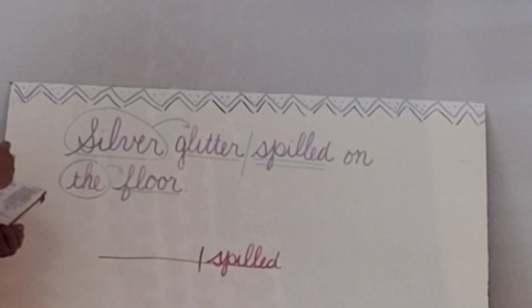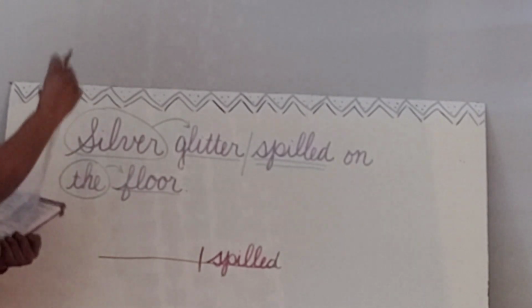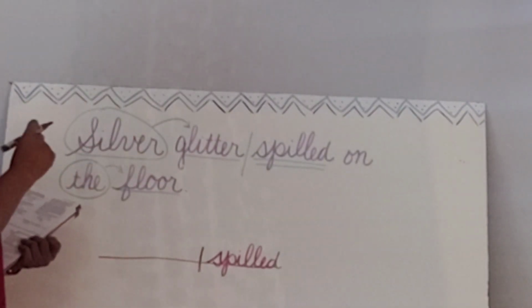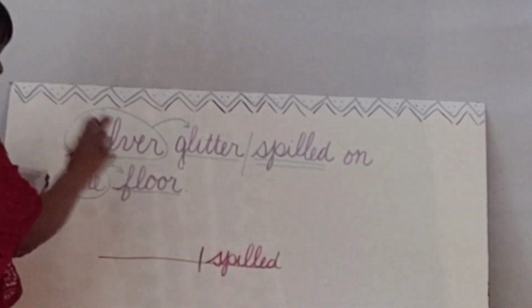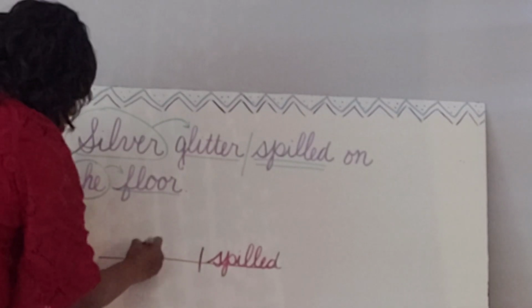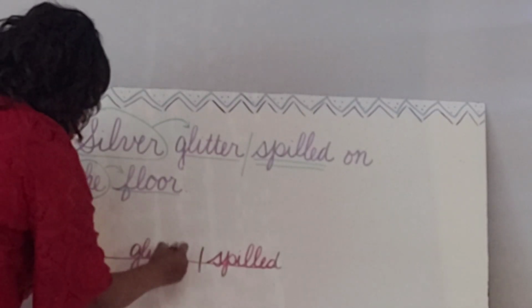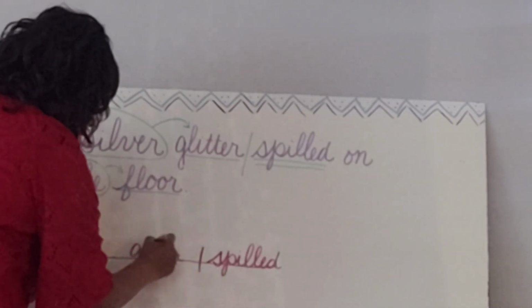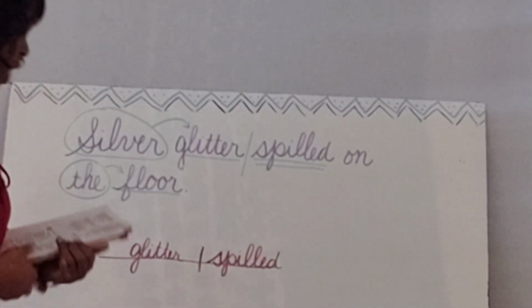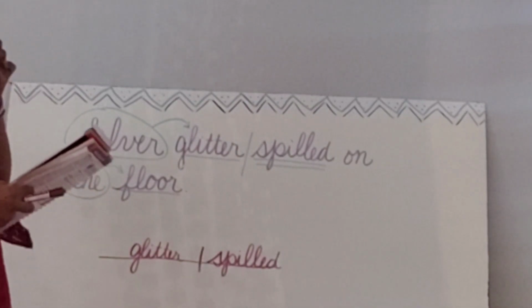Then you're going to write your subject, and our subject is glitter. Good, because we already knew how to do subject and verb with our diagramming. So those are pretty easy.